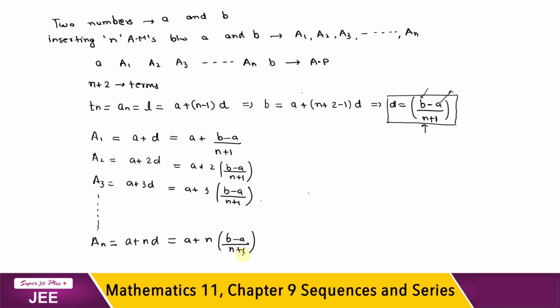Alright, so students, in this way we can calculate each and every arithmetic mean inserted between two numbers A and B. Alright, so far so good. I hope everybody is understanding. So now, in order to make our concepts more crystal clear, let's do some questions based on arithmetic means.